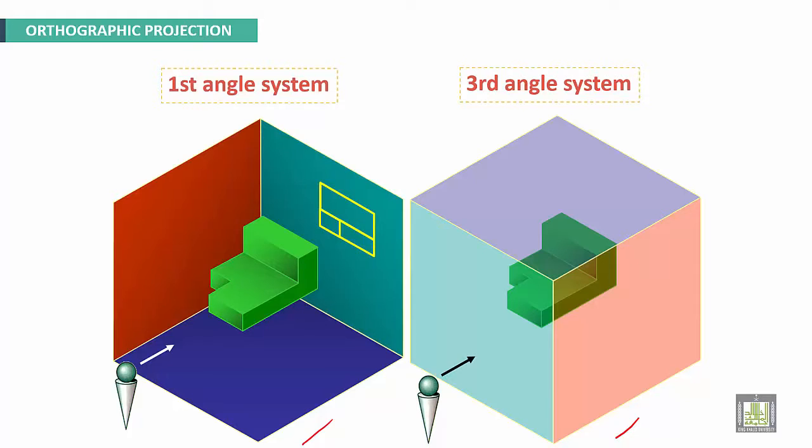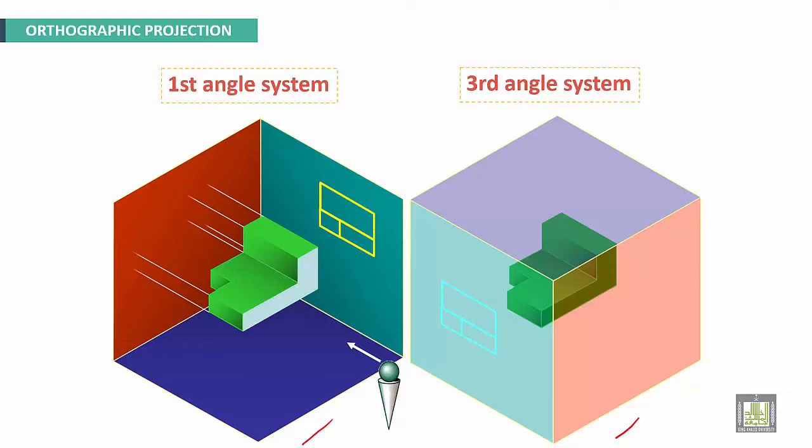Now for the third angle system, the observer watch the surface and will be projected from the front surface. Here also this surface will be projected here, this surface will be projected here. The side view now for the first angle, by the same way, this surface will be projected in front. It is the back side of the object.